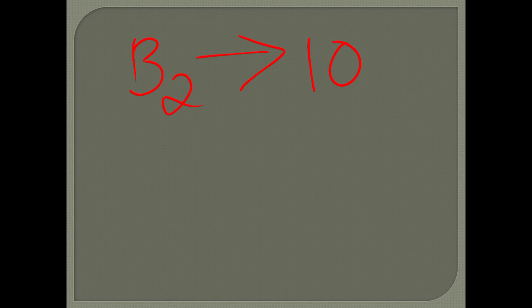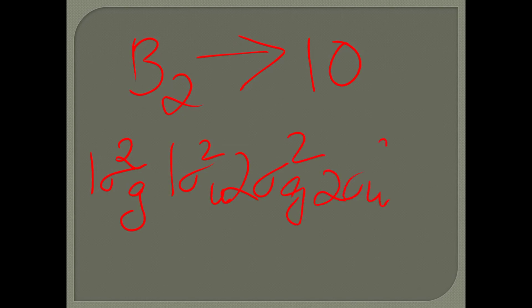Based on the configuration that I have taught in the earlier slide, you are supposed to fill. See, 10. First is 1 sigma g squared, because every orbital that you have, you fill 2 electrons. Then 1 sigma u squared, then 2 sigma g squared, 2 sigma u squared.